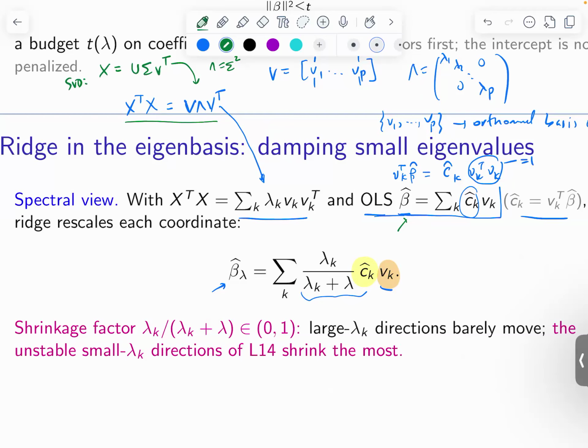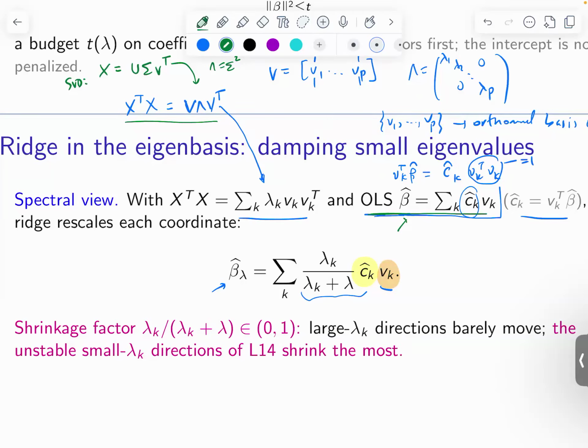And the other issue with this is that beta hat might not exist. So this is only useful if there is actually a beta hat. If X transpose X is singular, technically there is no beta hat, and so this doesn't really make sense. The ridge itself makes sense, but this expansion only works if there is a beta hat.